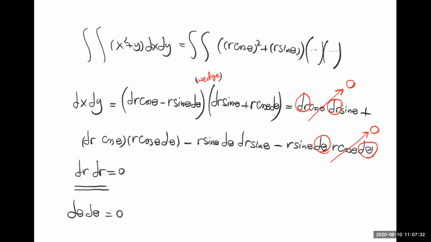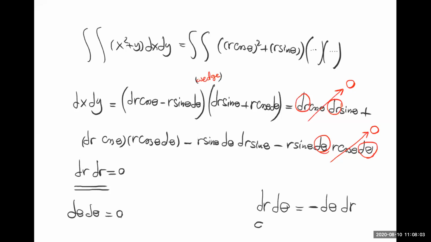Explaining why that's the case is out of the scope of this course, really. Let's just accept it. The real reason is that they are examples of what is known as differential forms, and the multiplication of differential forms is not commutative. So if you have dr d theta, and we change their order, it becomes negative.